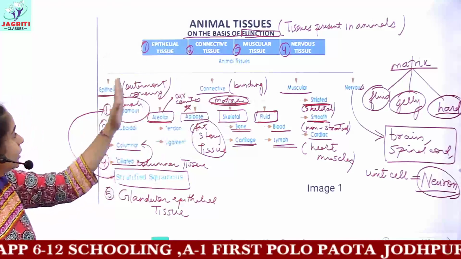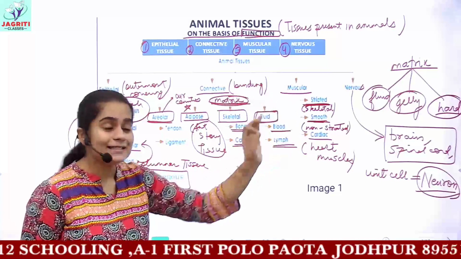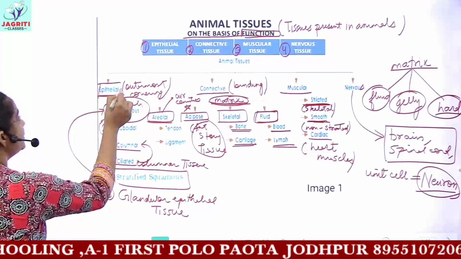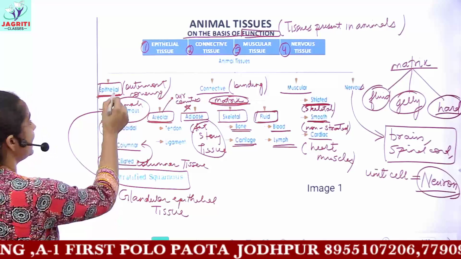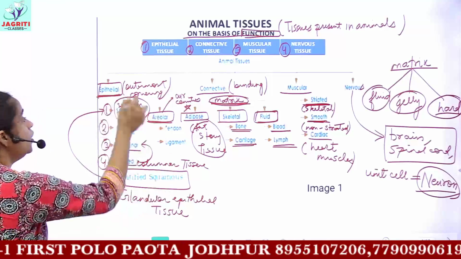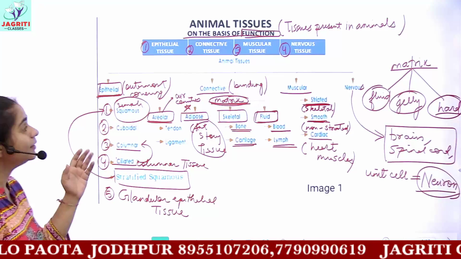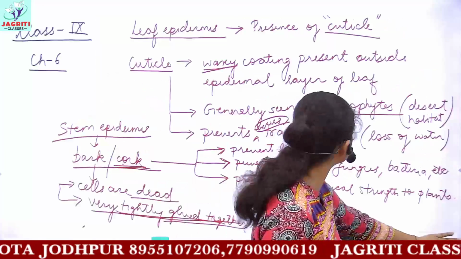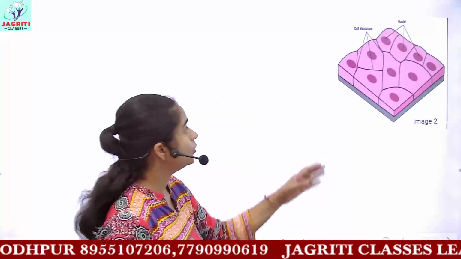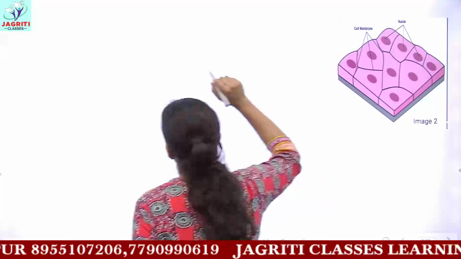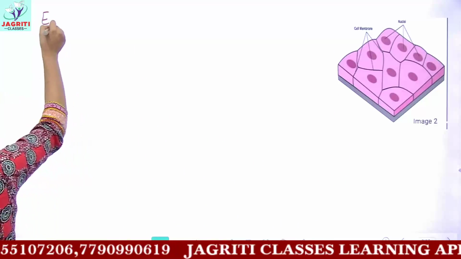Now we'll deal with each category step by step, and firstly we'll deal with epithelial, and while dealing with epithelial we'll see all the different categories we have in epithelial tissues. So this is your first kind of epithelial tissue.